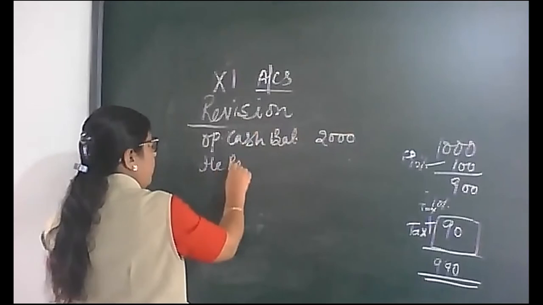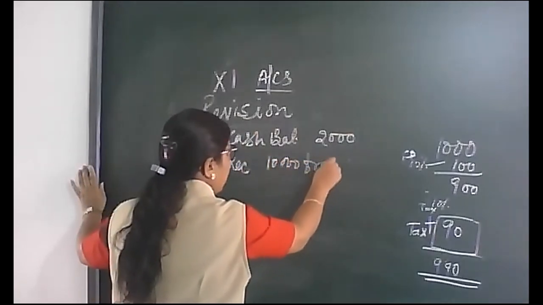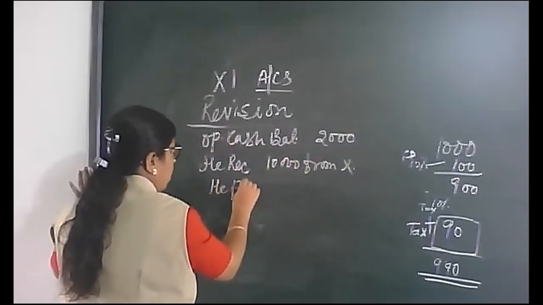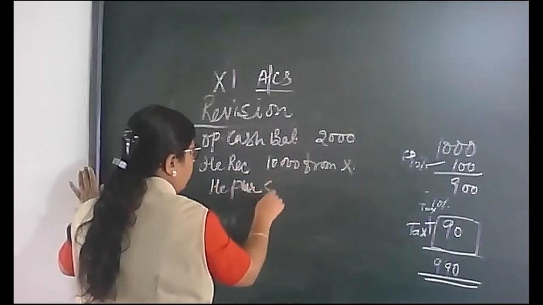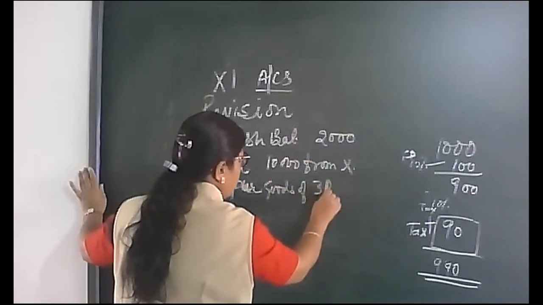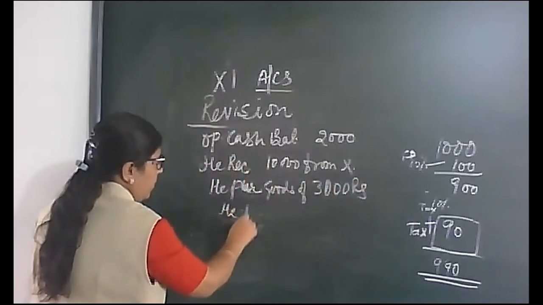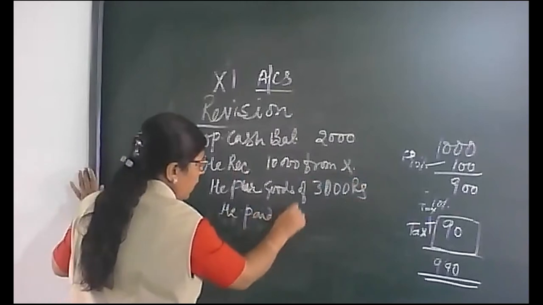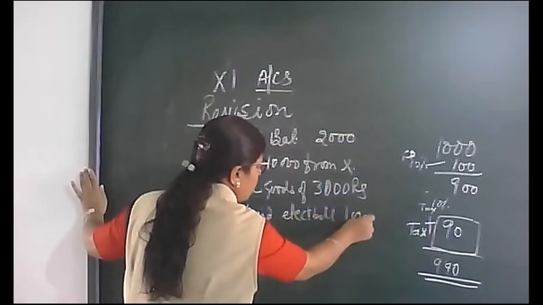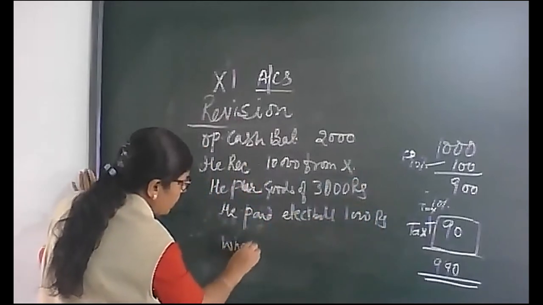He received 10,000 rupees from X. He paid 3,000 rupees for purchase of goods. He paid an electricity bill of 1,000 rupees. What is the cash balance?